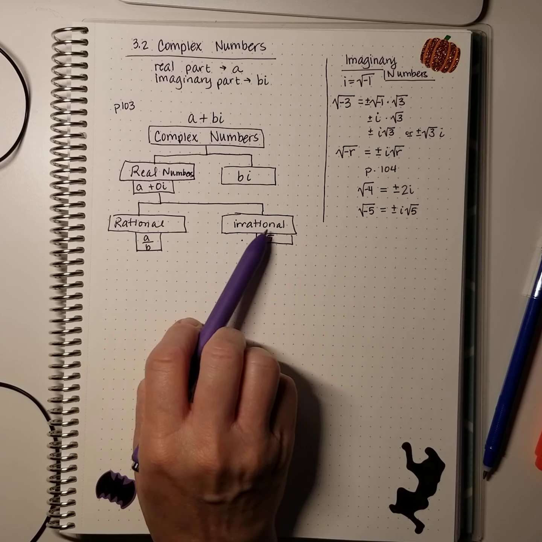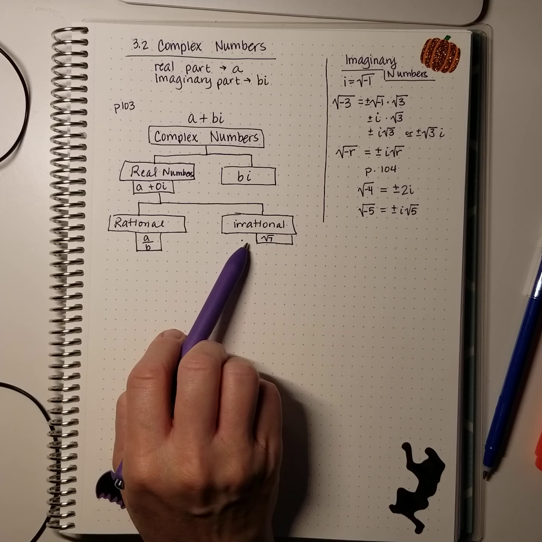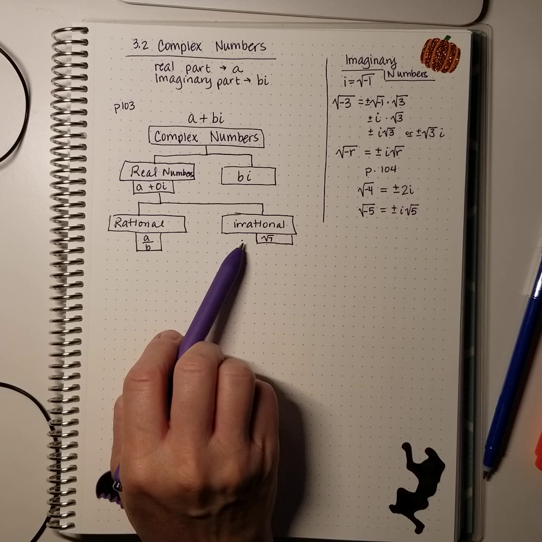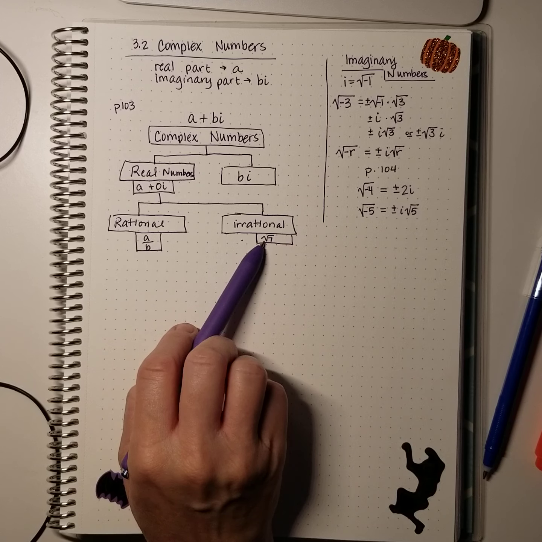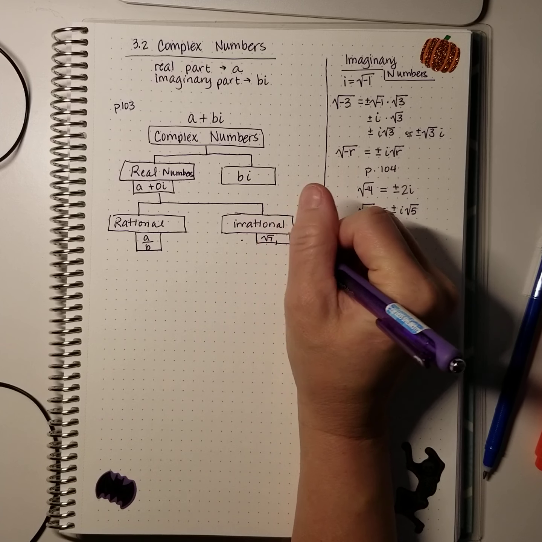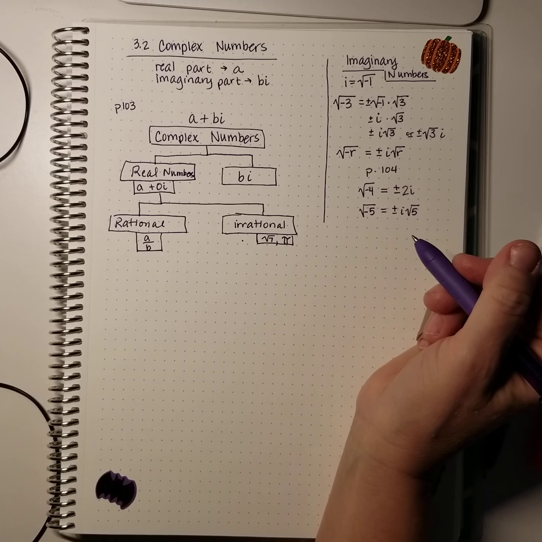So irrational numbers are numbers that if you saw them as a decimal, you would see that there's no repeating pattern and the value never ends. So like the square root of 7, or pi is another good example of an irrational number.